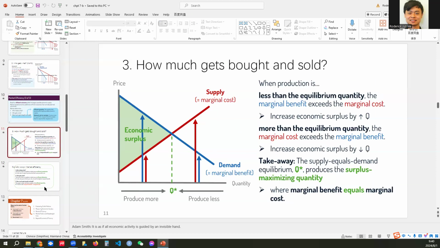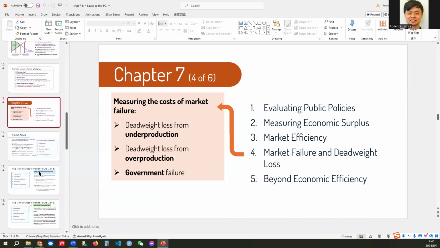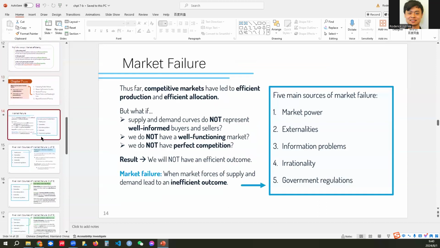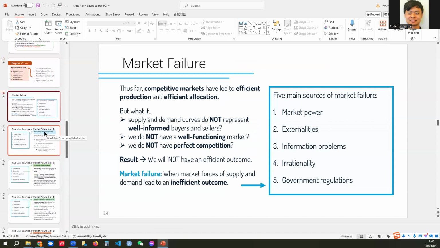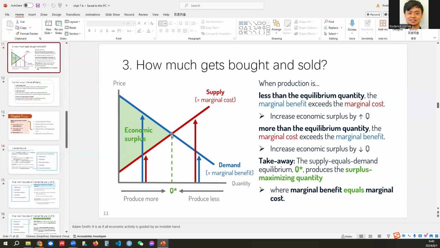That's when the supply curve intersects with the demand curve. So that's two. And the third one is market failure. So we introduce several cases where the market is not efficient. The market will not achieve that market equilibrium, the efficient point where the economic surplus is at its highest possible level. Namely, the economic pie is the biggest possible.